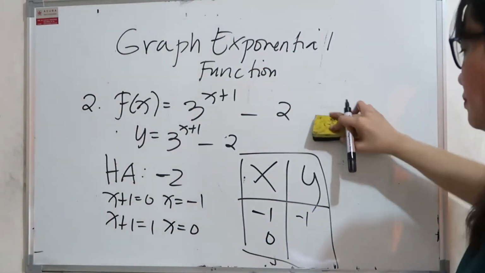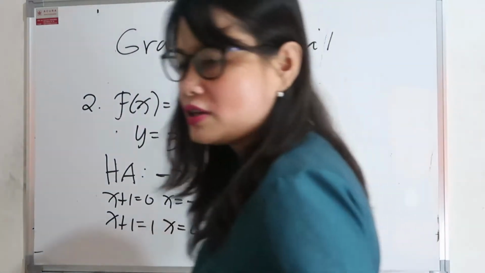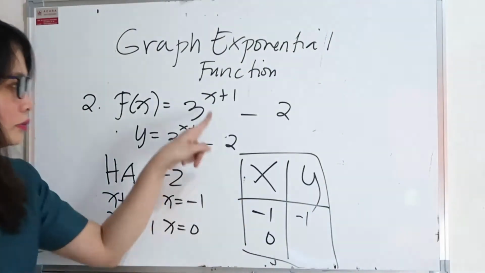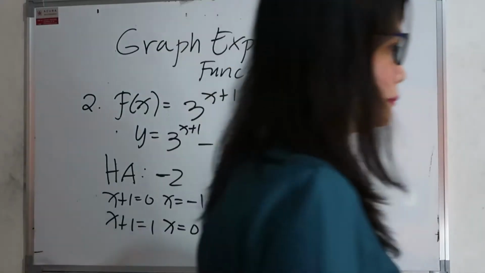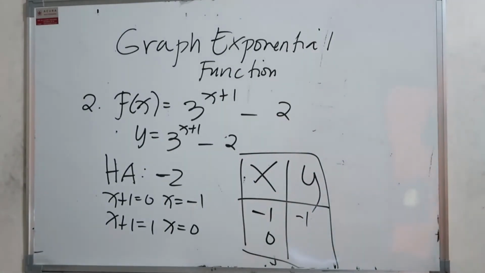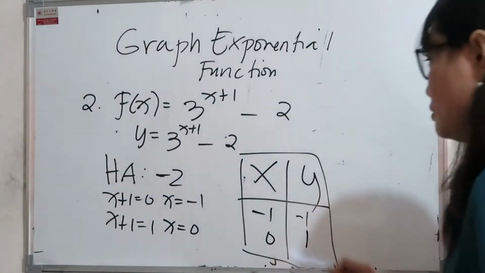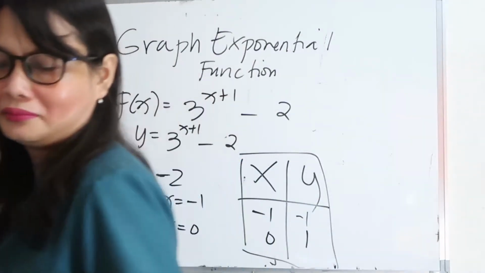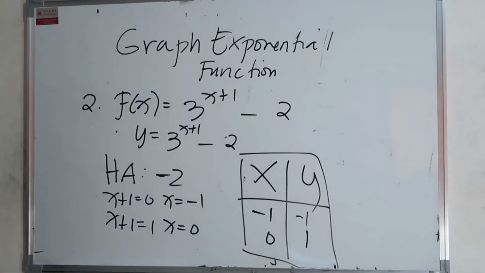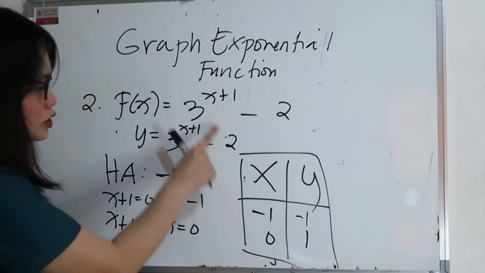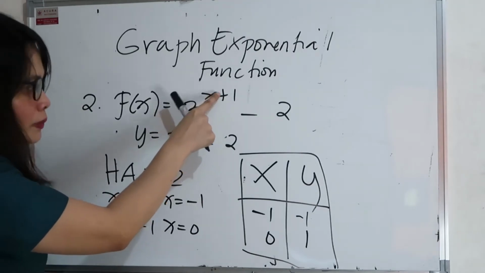Next, if x is 0, what is the value of y? Positive 1. How to get 1? Because if you substitute 0, this will become 0 plus 1, which is 1.